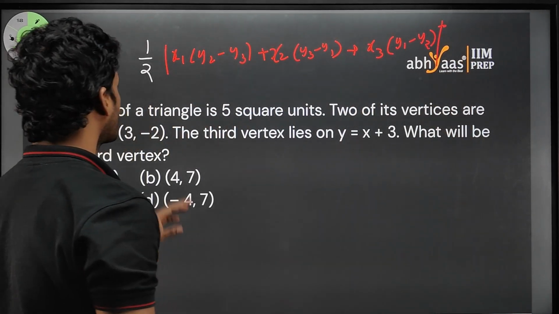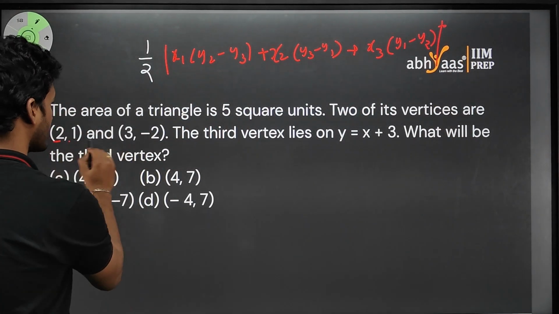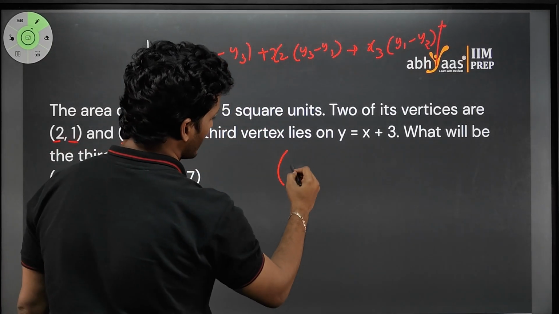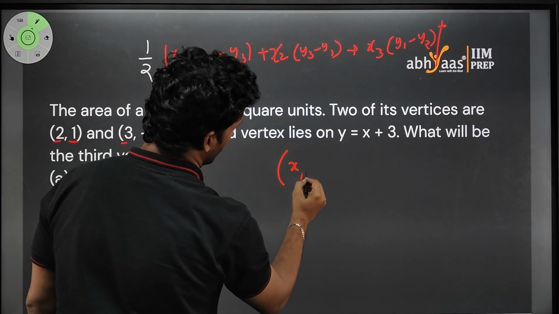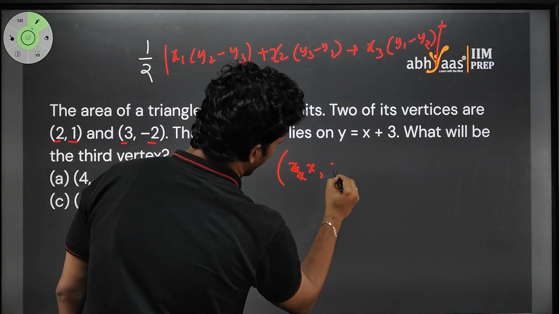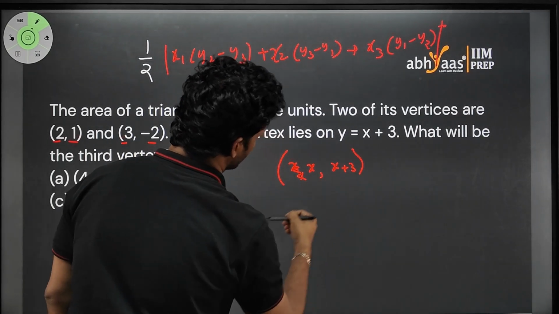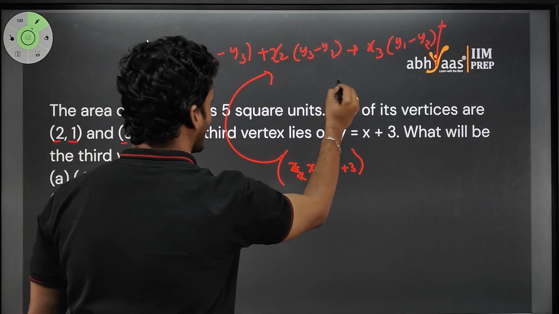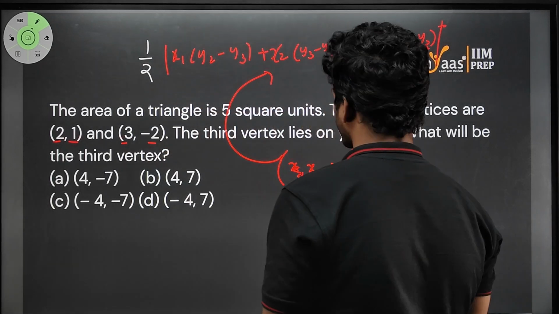The third vertex will be x comma x plus 3. This has to be substituted here, and that has to be equal to 5 square units.